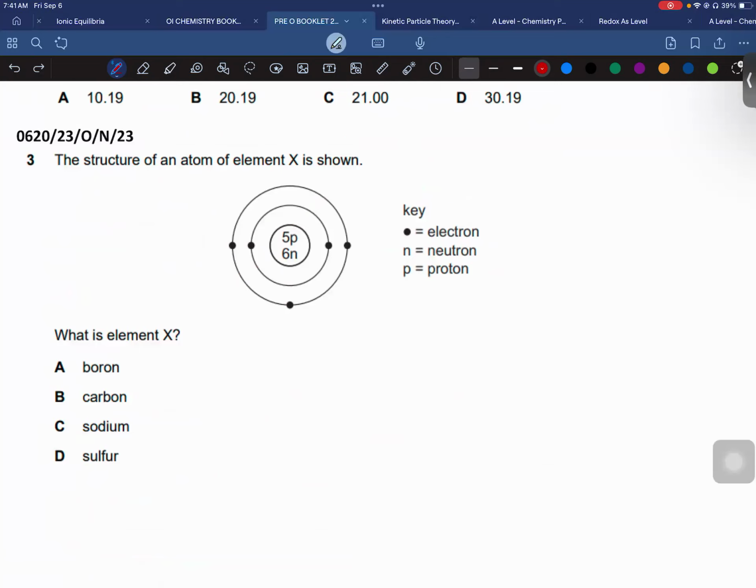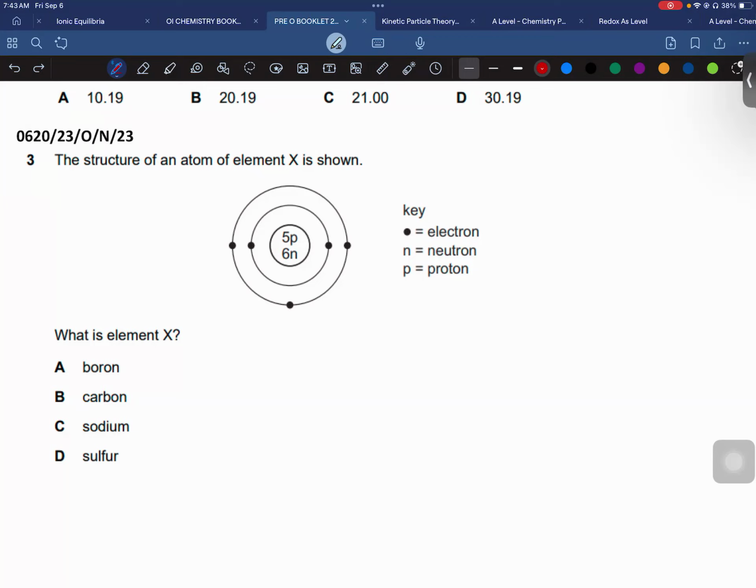The structure of an atom of element X is shown: 5 protons and 6 neutrons. What is element X? So I need to go into the periodic table and find the element with 5 protons, which is boron. Let me check this.